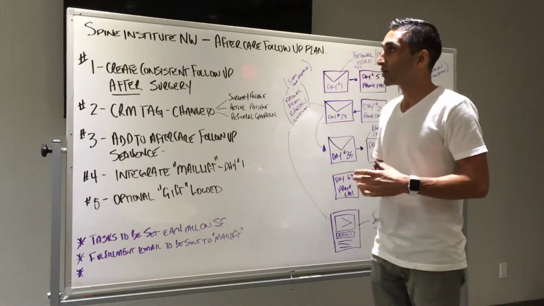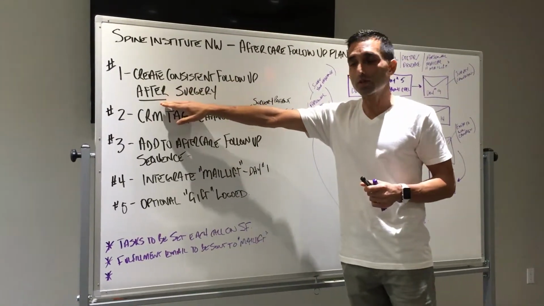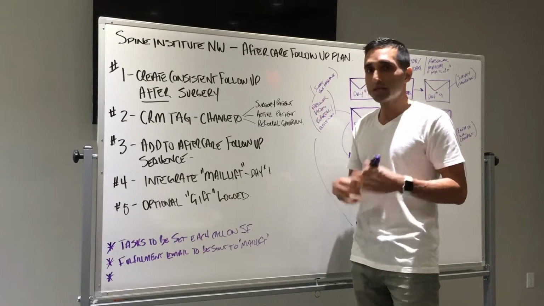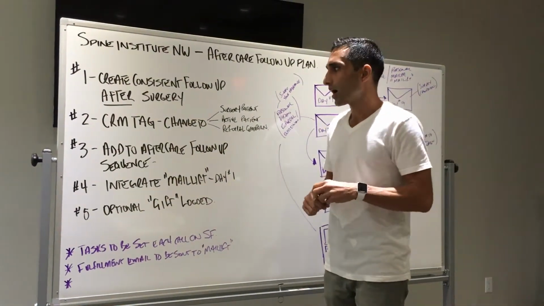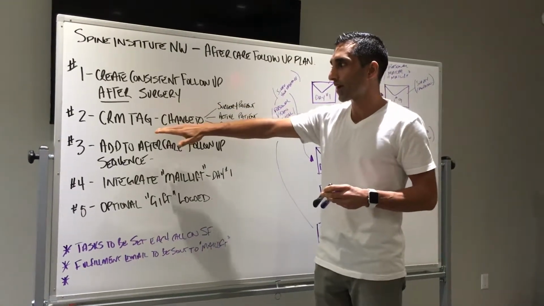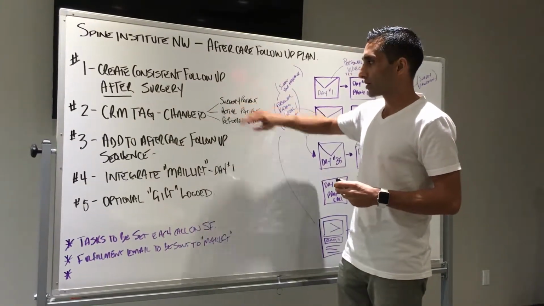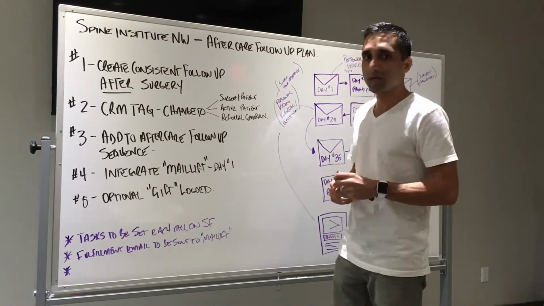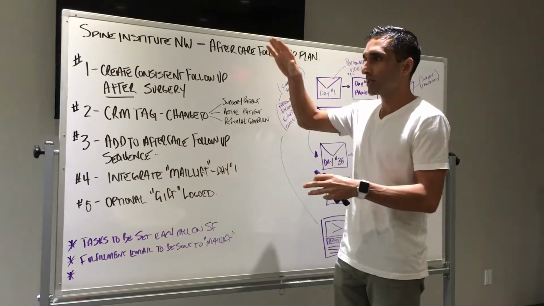So what we want to do is create a consistent follow-up program after our surgery. Based on whatever your CRM is, and I think you guys use Salesforce, when that person has had their surgery, we want to make sure we're changing their tags to something like surgery patient, active patient, or referral campaign. So we want to see how they came in.